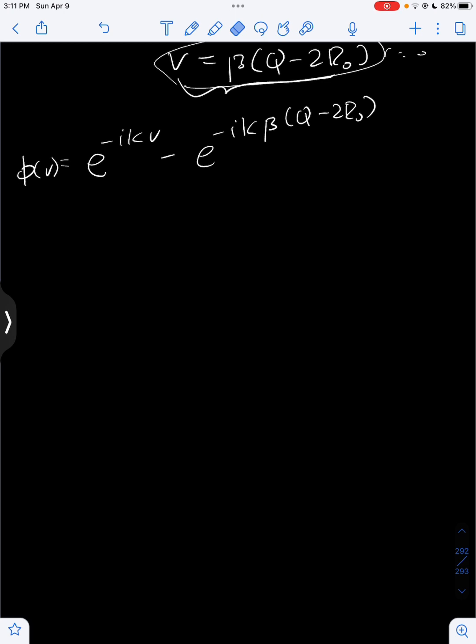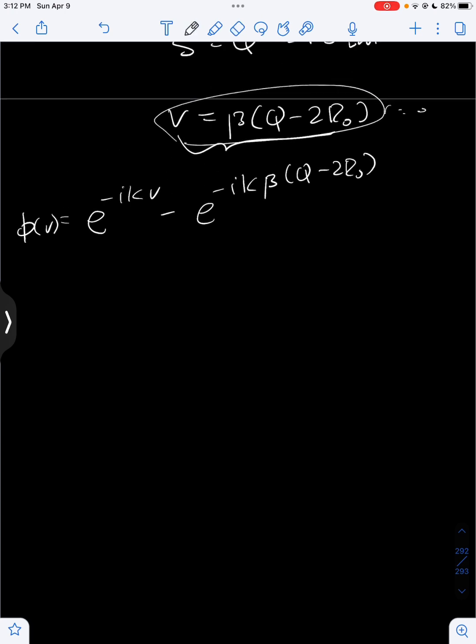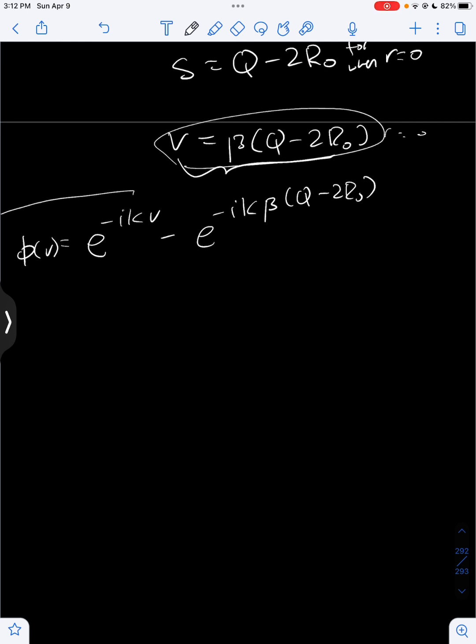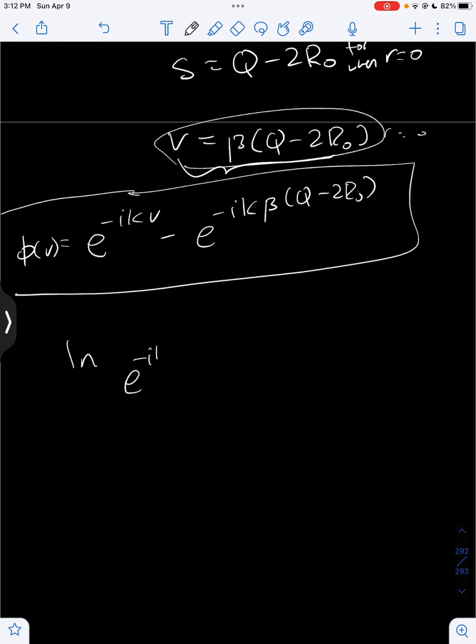The main takeaway from this video is that the right-hand term for the field looks like this over here. Essentially, the in-field, e to the minus iku, is converted to the out-field, e to the minus ik beta of Q minus 2 R naught, as it exits that collapsing sphere.